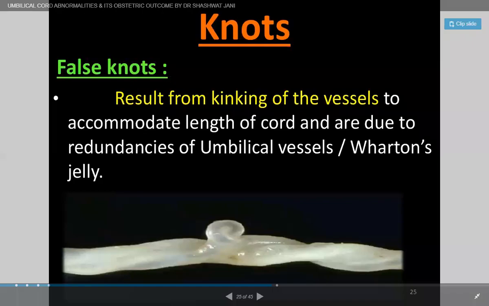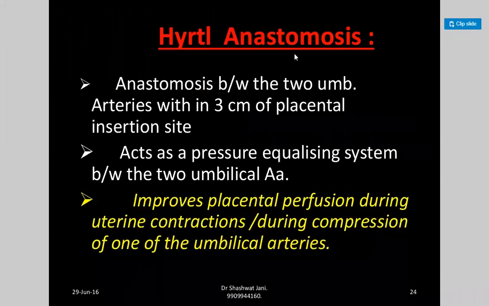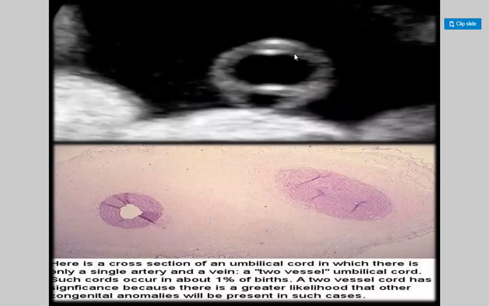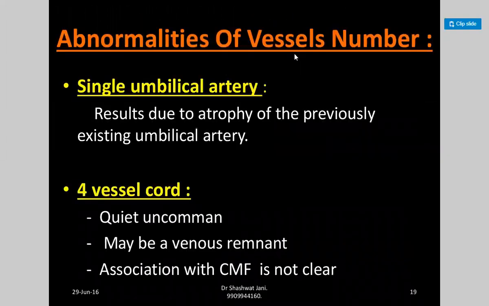Hello everyone. Now we are going to continue about the knots. So we are seeing abnormalities of the umbilical cord, and we are going to continue it. In the previous lecture, we saw the abnormalities related to the content, that is single umbilical artery, where normally the umbilical cord carries two arteries.